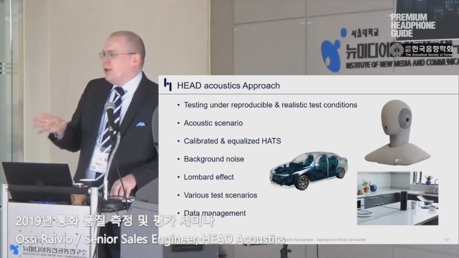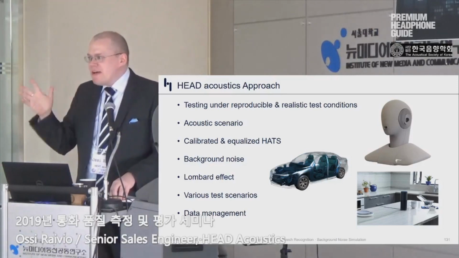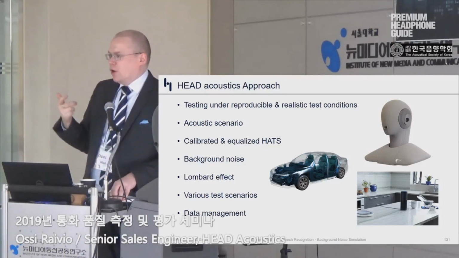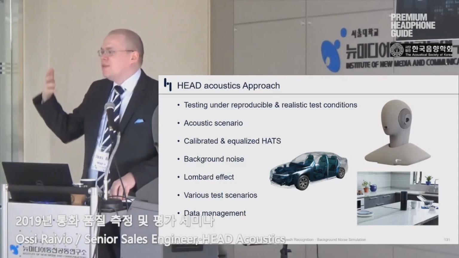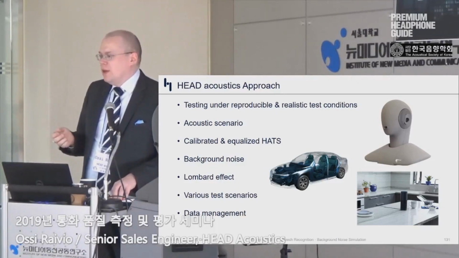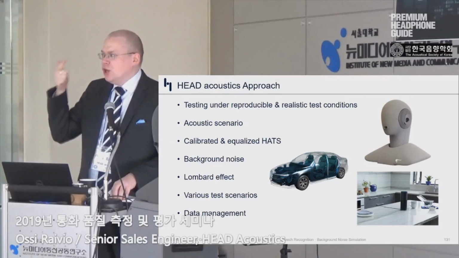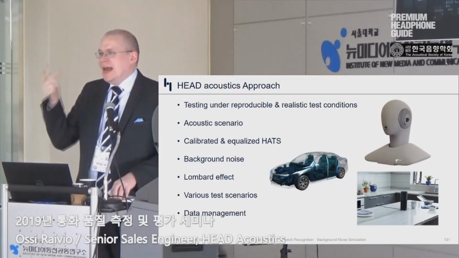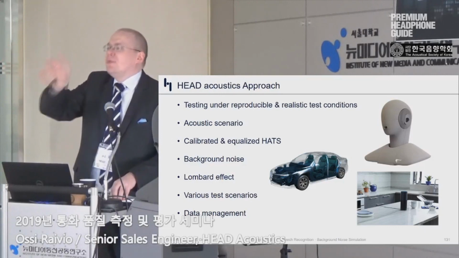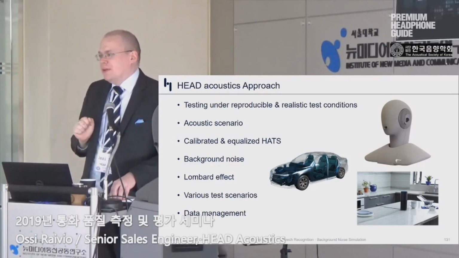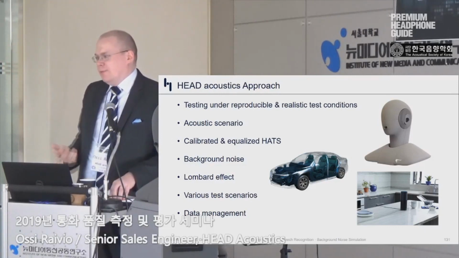This is all completely subconscious. It's very difficult to affect it on a conscious level. Lombard effect is simply something that happens when you are in a noisy environment. So you talk louder, you have a higher pitch, and the third thing which happens is the rhythm of your speech is different. You pace yourself differently.